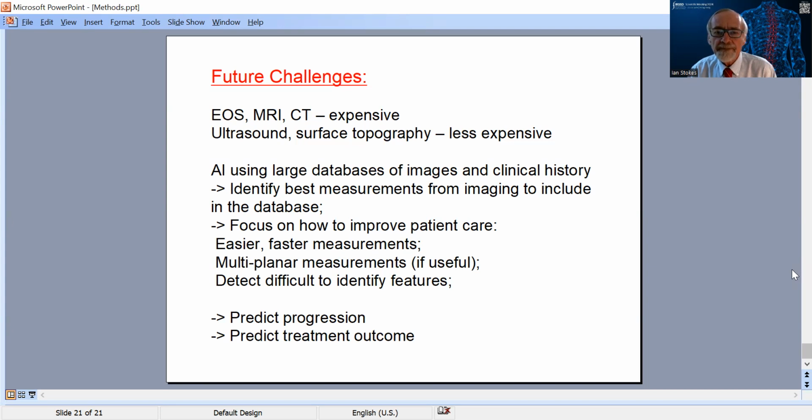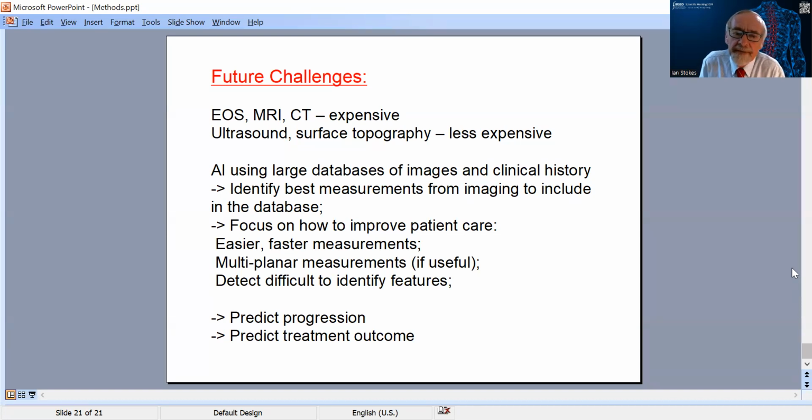But then the big challenge: can artificial intelligence and human intelligence use large databases of images and clinical history to identify the best measurements and clinical observations from imaging, the best ones to include in the database, and then focus on how to improve patient care, to get easier, faster measurements, to get multiplanar measurements if those are useful, and to detect difficult to identify features that might be placing that patient at risk?